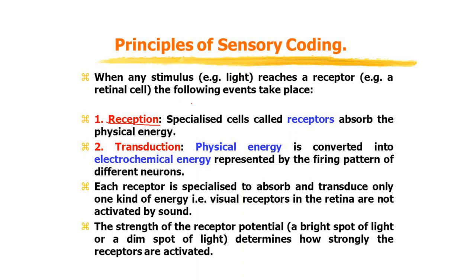And so a cell that is specialized for that kind of reception absorbs a physical energy. For instance, this can be light energy, right? It can be any kind of energy. That elicits a transduction pathway, which refers to this physical energy being converted into electrochemical energy.